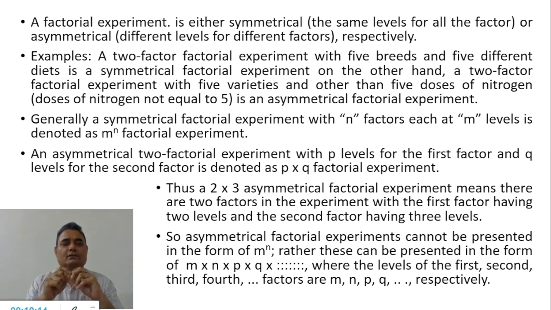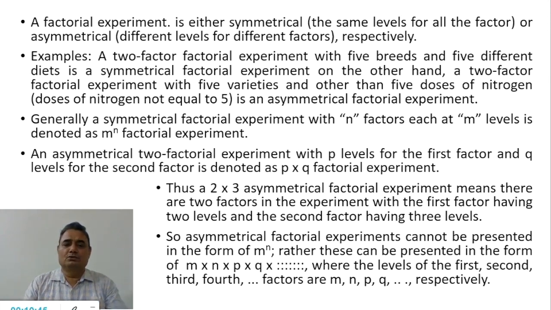And generally a symmetrical factorial experiment with n factors each at m levels is denoted by m raised to the power n factorial experiment. And an asymmetrical two-factor factorial experiment with p levels of the first factor and q levels of the second factor is denoted by p into q factorial experiment.